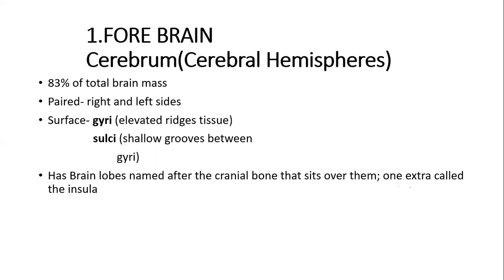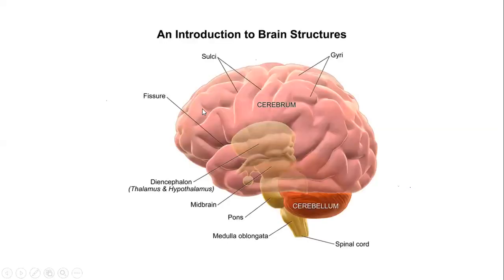So as we have said, the surface consists of gyri, which are elevated ridges of tissue, and sulci, shallow grooves between gyri. So as you can see here, gyri are the elevated regions, and sulci are the grooves closer to gyri.